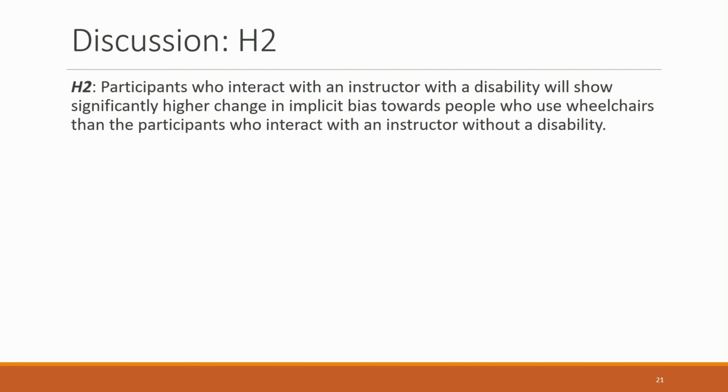Comparing the two in-place walk conditions, the implicit bias was significantly lowered for the participants who interacted with the narrator with disability versus the participants who interacted with the narrator without disabilities. That is why we can accept our hypothesis 2.